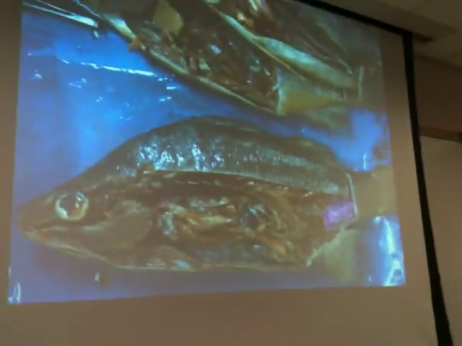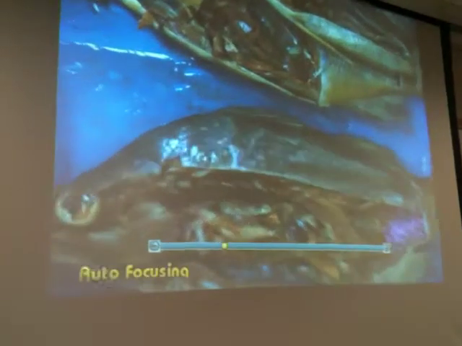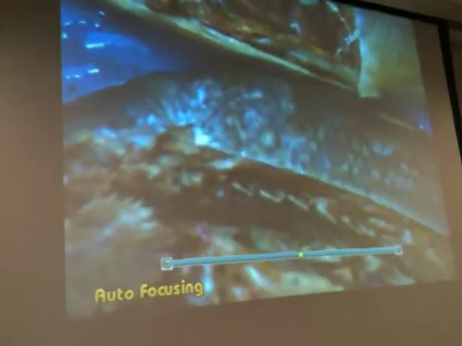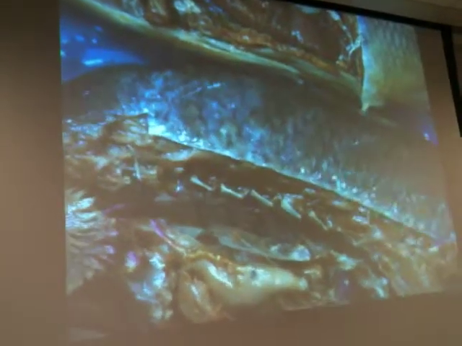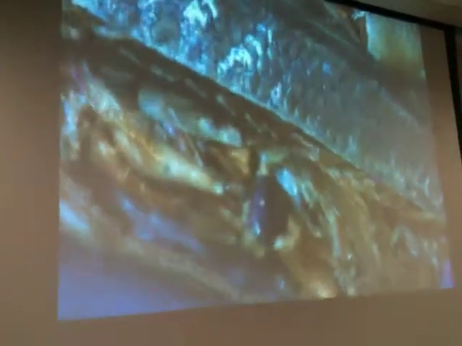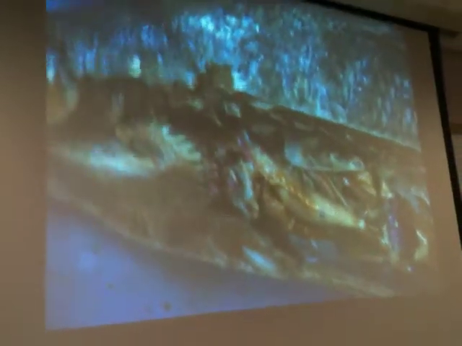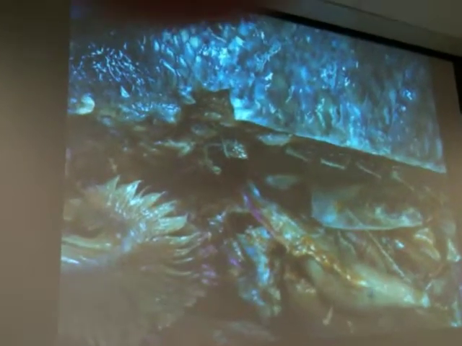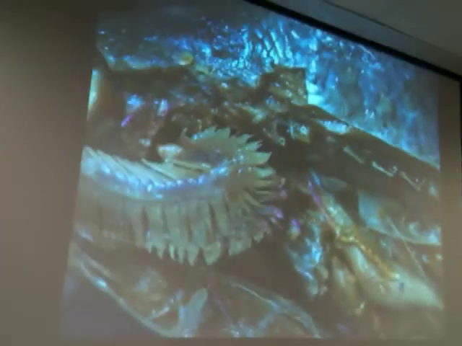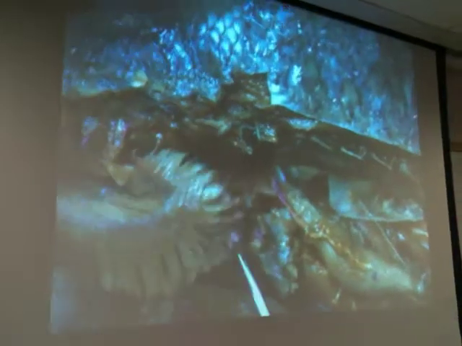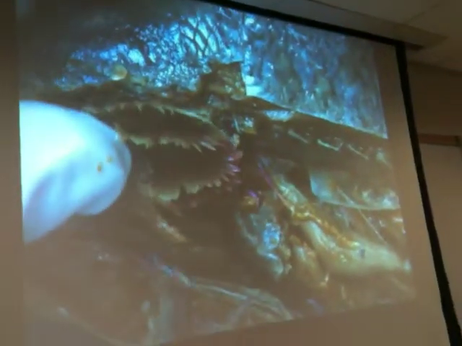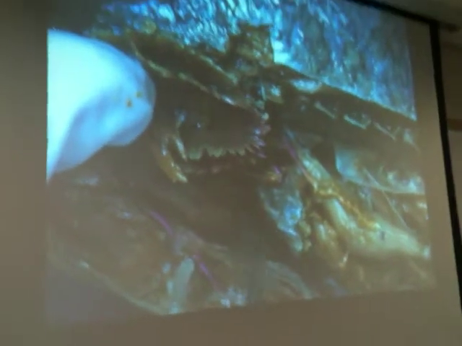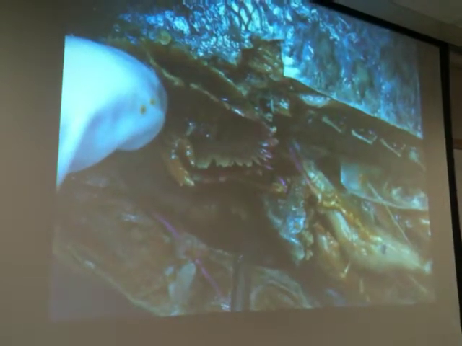Alright, so for the internal anatomy, alright, so under the gills, down in here, this structure right in here is the heart.